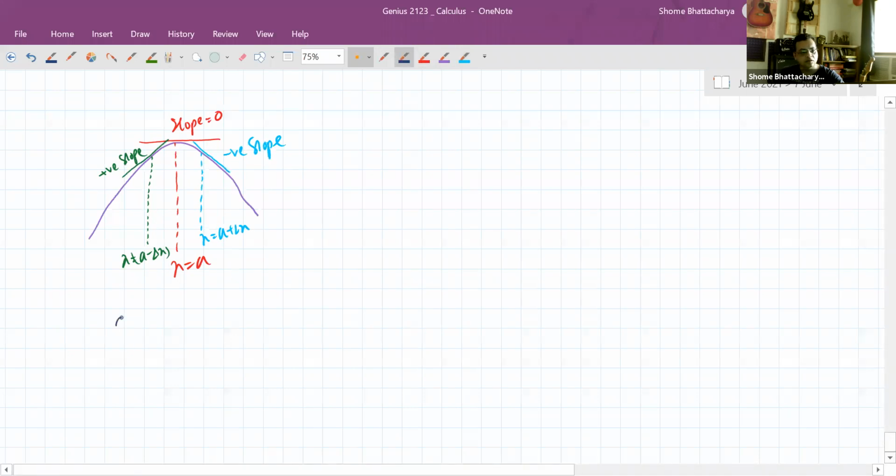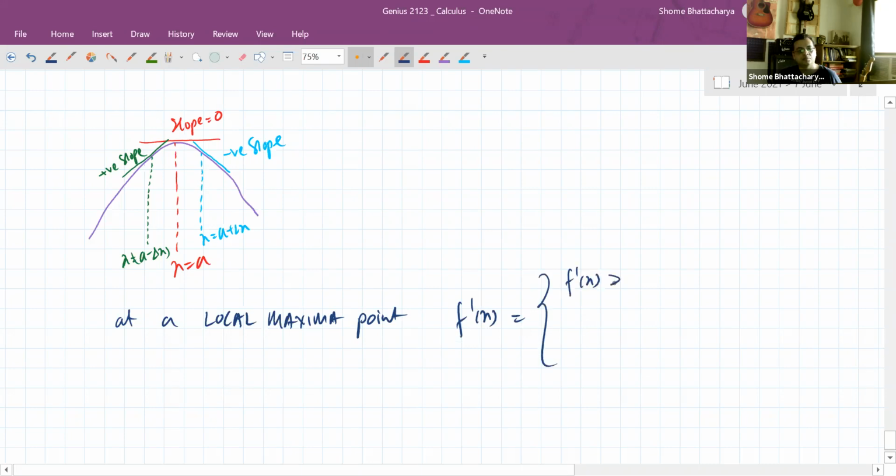So what is happening? At a local maxima, f prime x is positive before a, f prime x is 0 at a, and f prime x is negative after a.